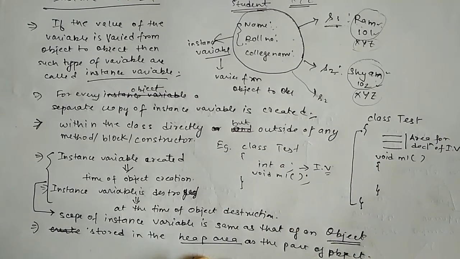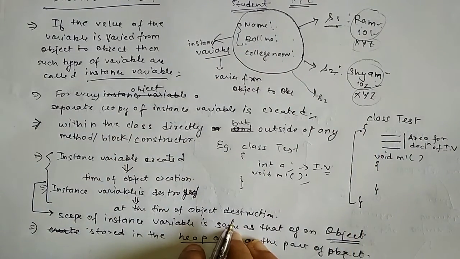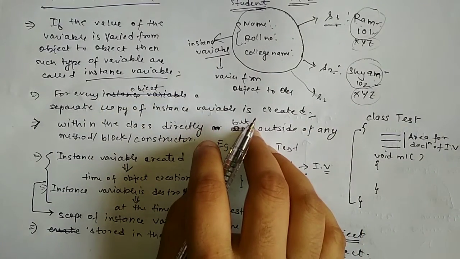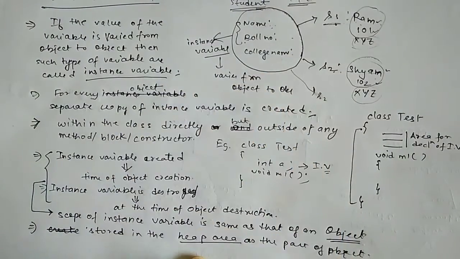So now we should know how we can access the instance variable. We can't access the instance variable directly from the static area as it is inside the class, so we have to access it after creating the object of the class.